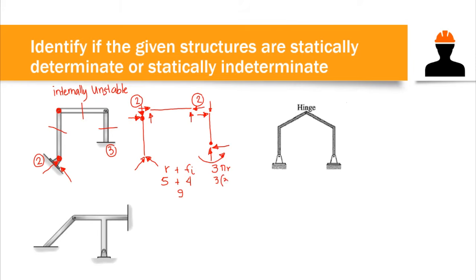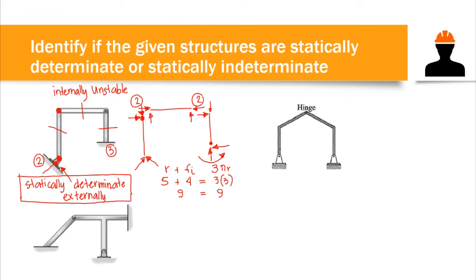So we have 3 times 3, and this equals 9. That means we have an equal sign in between, so this one is statically determinate externally. So we can actually use the equilibrium equations in solving the unknown forces.